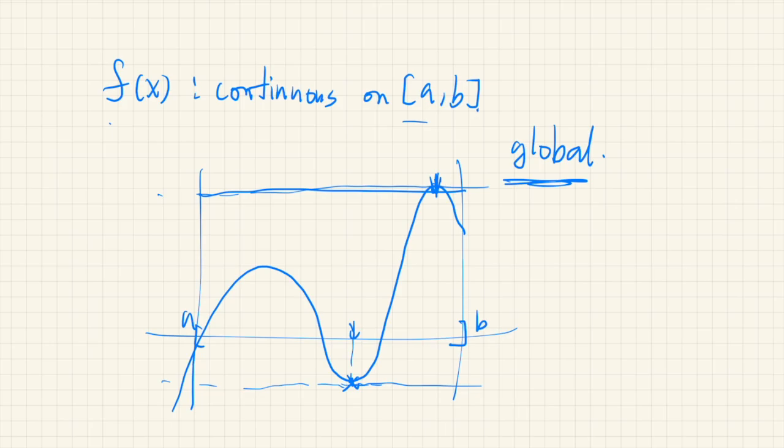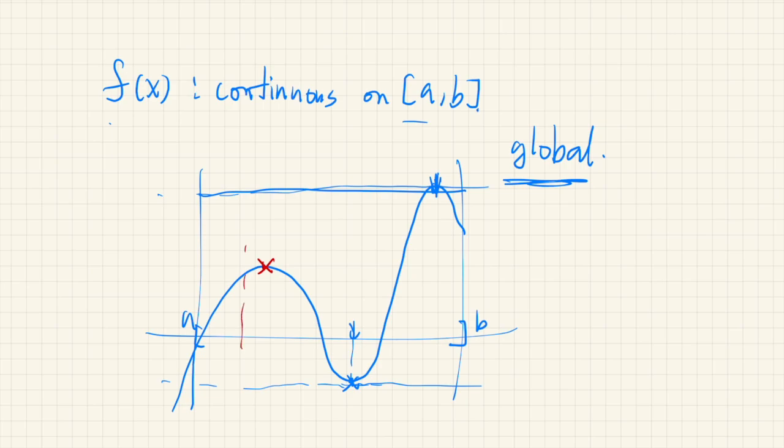On the other hand, if we are not so interested in global extremal values, then we may find some local extremal values. For example, in this case, this point is a local maximum point.